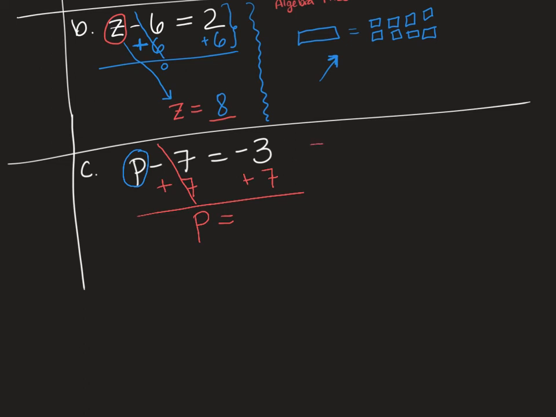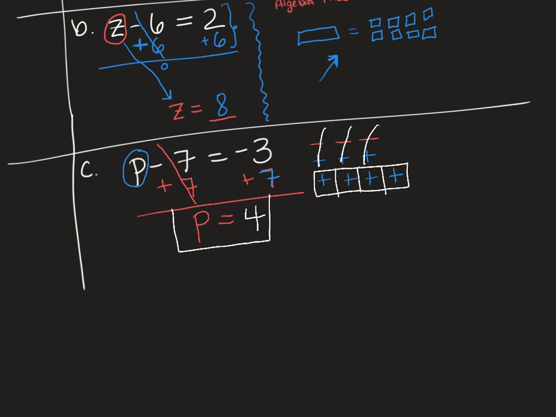That's the same thing as saying you have 3 negatives and you have 7 positives. Guess what happens? This zero pair cancels, this zero pair cancels, this zero pair cancels. This is what you have left over: 1, 2, 3, 4. So you found your mystery number.